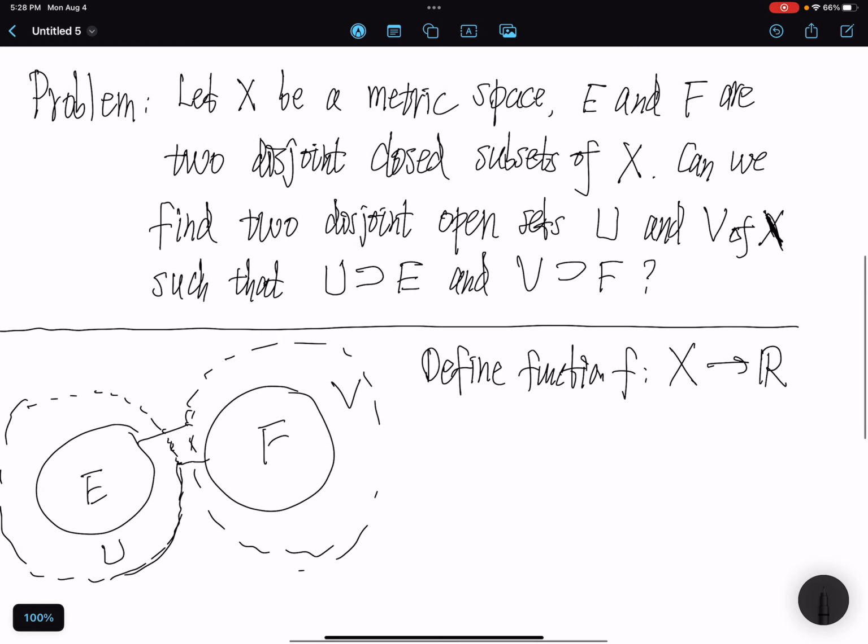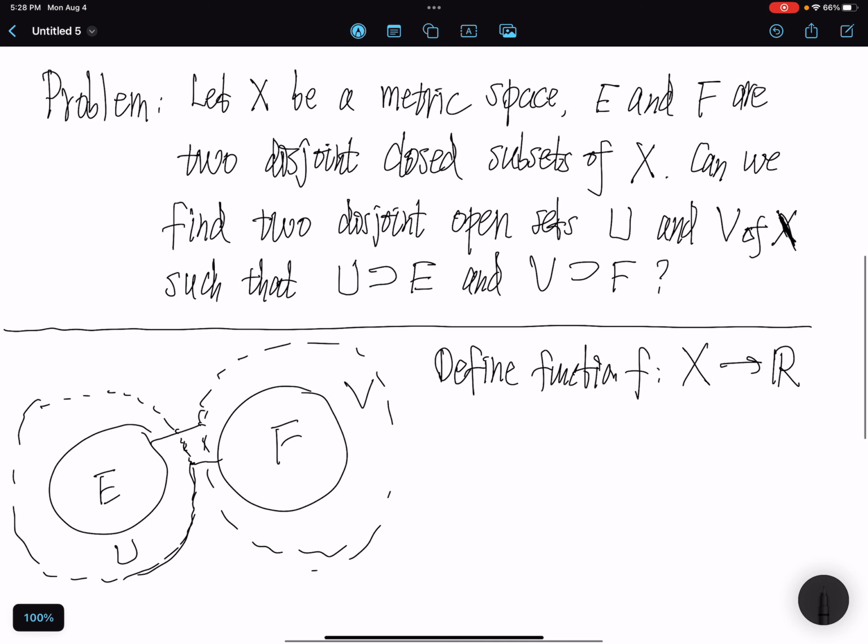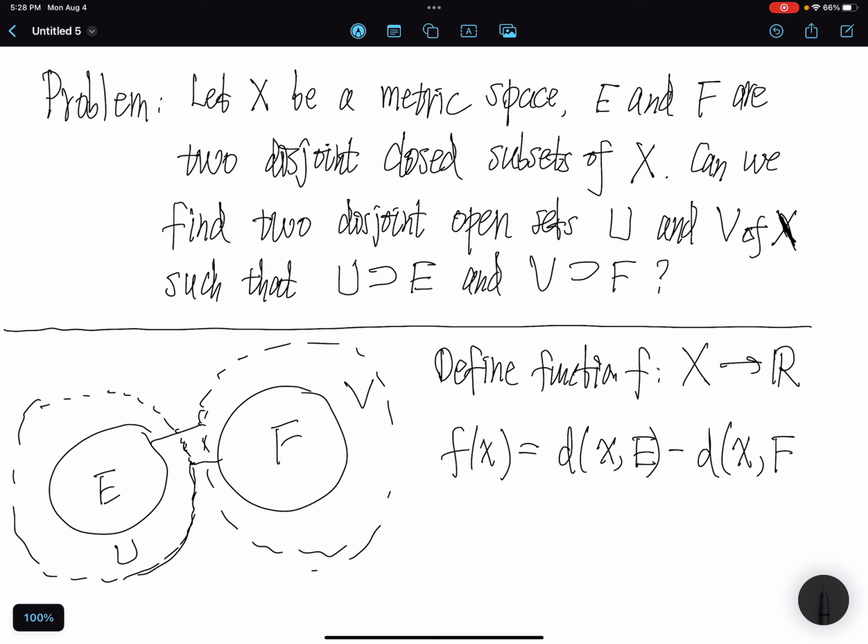Here's the definition. f of x is the distance from x to the closed set E minus the distance from x to F. The distance from x to E is basically the infimum of all the distances between x and points of E, where the distance is the metric of this space.